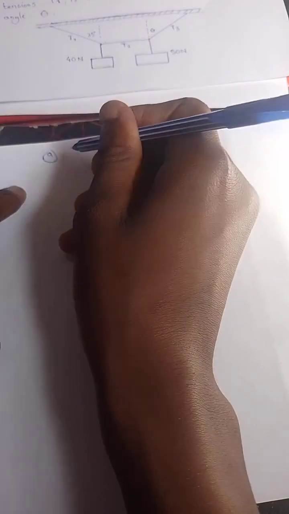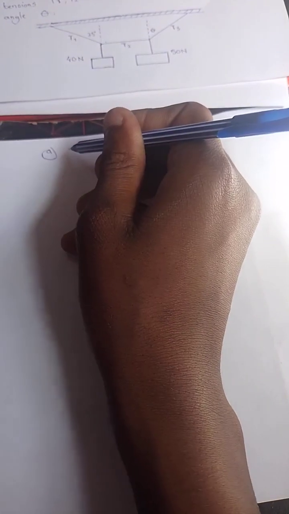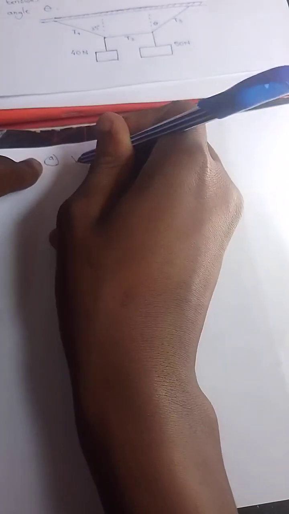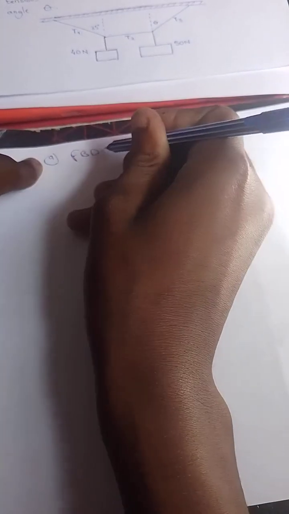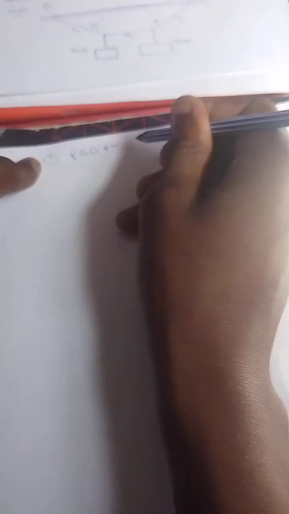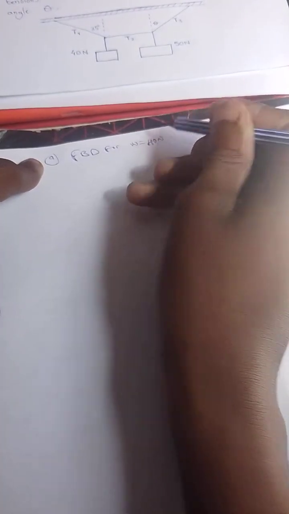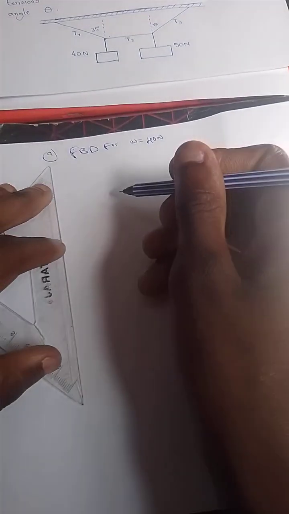So let's look at the free body diagram for mass number 1, which is our 40 newtons. So we are going to isolate it and treat it as if it is the only force that is there.